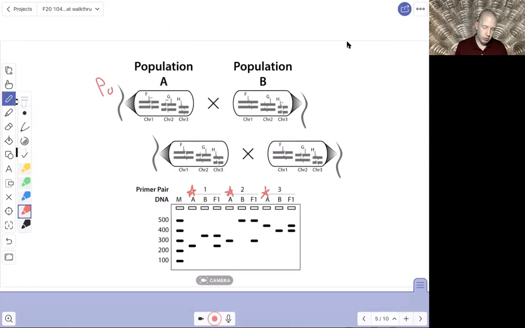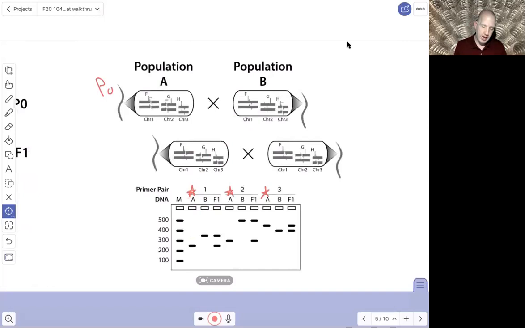So that's why in primer pair 1, we have the P0 individual A and its genotype, individual B, this worm, and its genotype, and then one of the 2 F1s is shown. And that's because the 2 F1s are identical, so there's no reason to genotype them both.